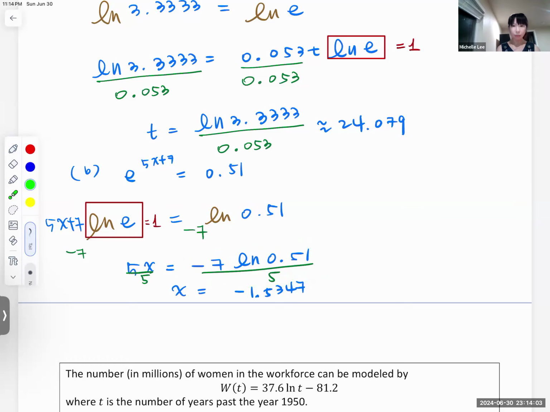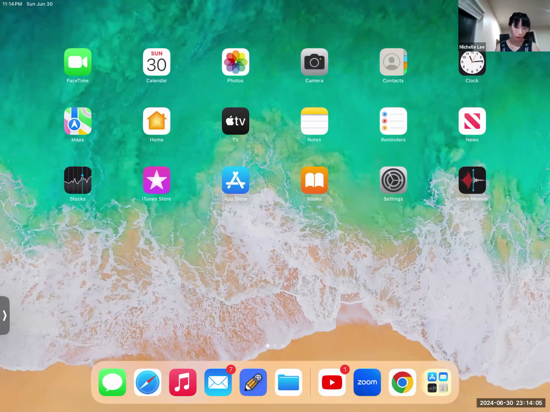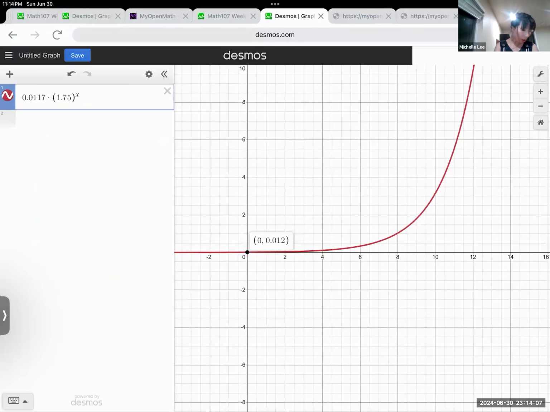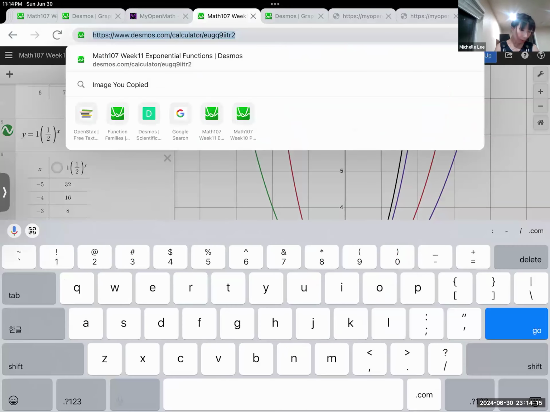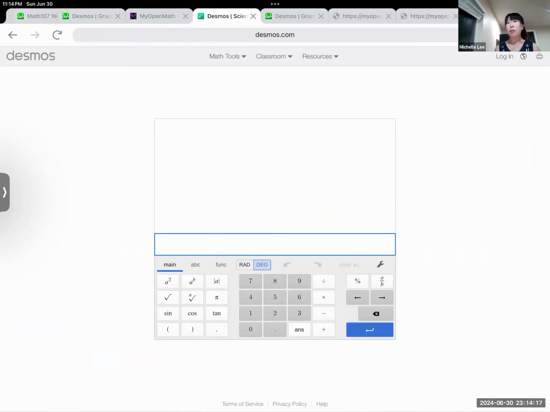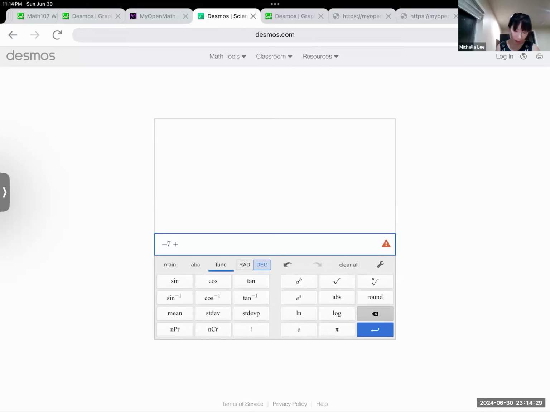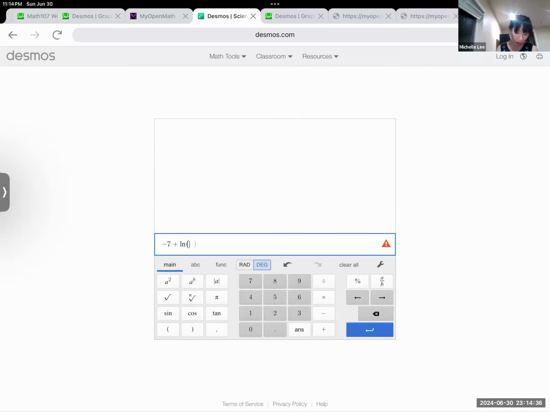Negative 7, so let's use decimals. Scientific decimals. Okay, so negative 7 minus natural log of, so let's use the function here. So ln, right? And then 0.51.